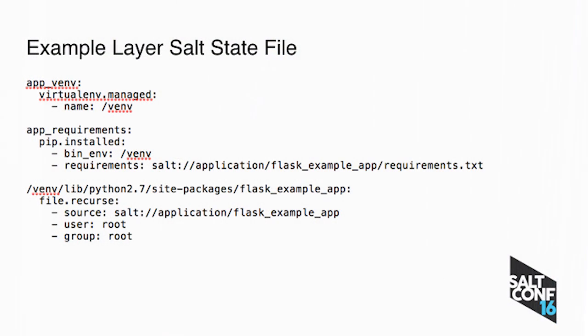Here's another example of a salt state file for our app. This is the entire salt state for the app. This was like 3 pages of bash code, by the way. It says use this virtual env, and then install these requirements in there. This was where all the bash code came in, because there are a bunch of Python modules that cannot be installed by pip install -r requirements.